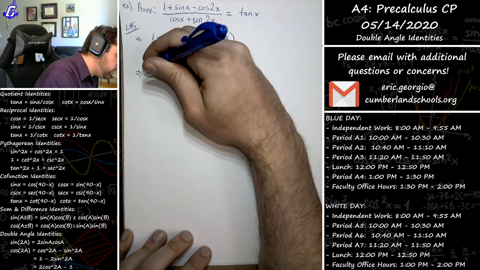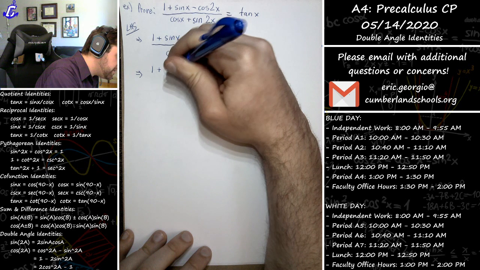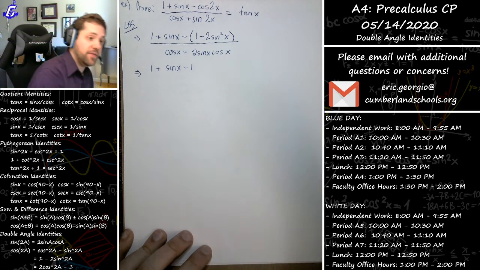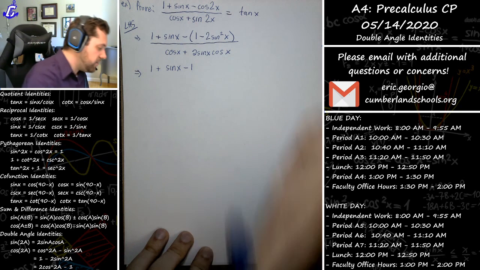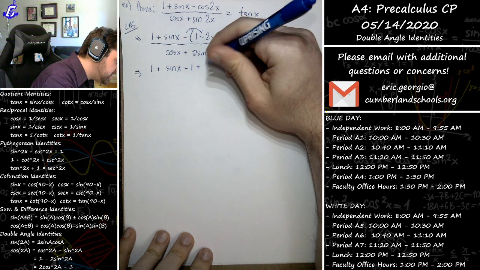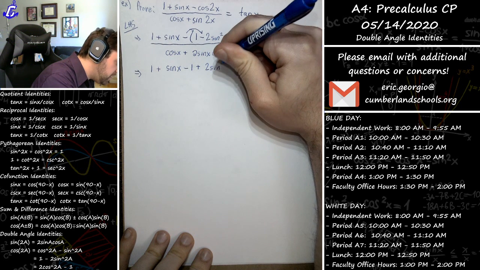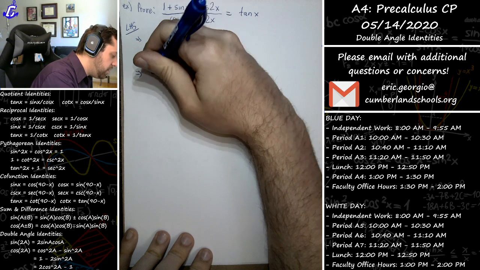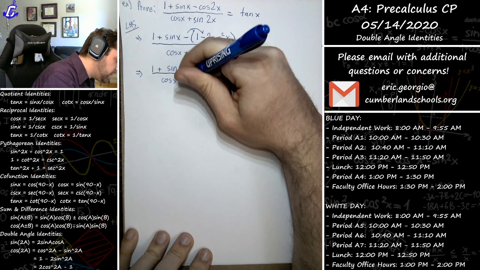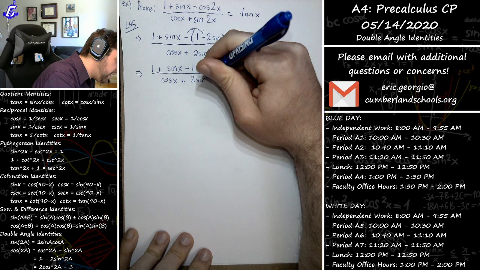In the numerator, I have 1 plus the sine of x minus 1. Notice minus negative. This is the mistake I made a little bit ago. Don't make it again. Everybody gets 1, right? I get plus 2 sine squared of x all over cosine of x plus 2 sine x cosine x.